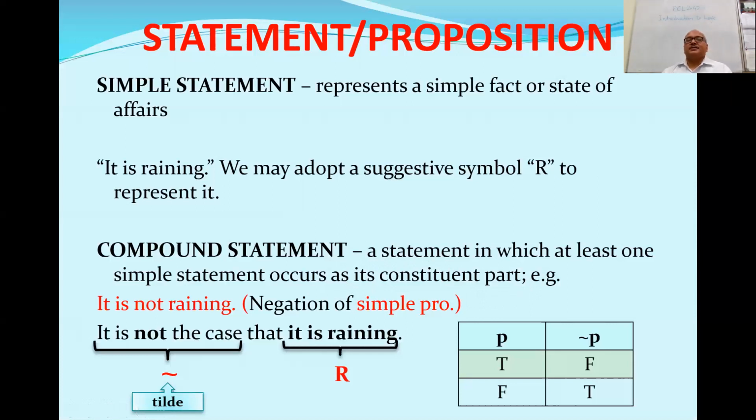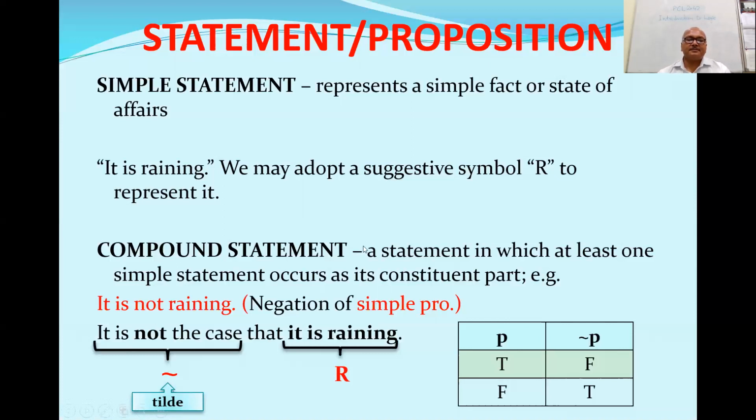There may be many simple statements, and therefore the complexity of the compound statement will increase. That is fine. But the minimum condition for any statement to be called a compound statement is that a simple statement occurs as a part of the whole compound statement. That is the logical definition we adopt for compound statement.